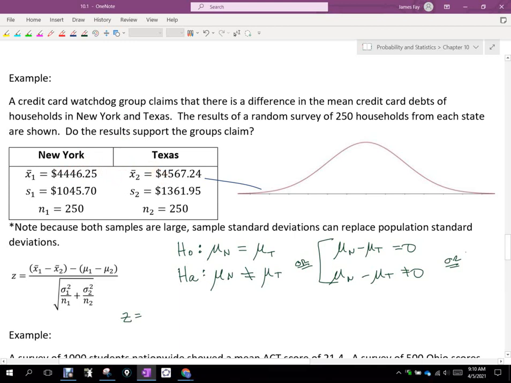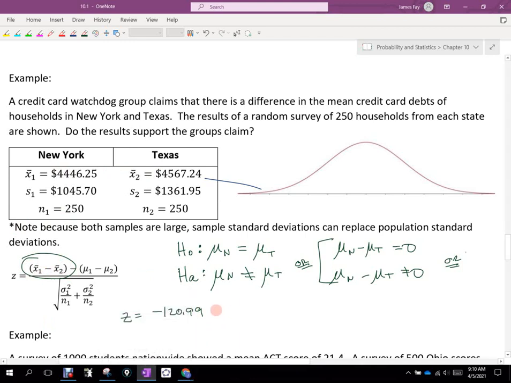I'm just trying to keep that pattern. If I have to use that pattern throughout the course of the problem, I'm going to go New York minus Texas. So 4446.25 minus 4567.24. So my difference here ends up being negative 120.99.